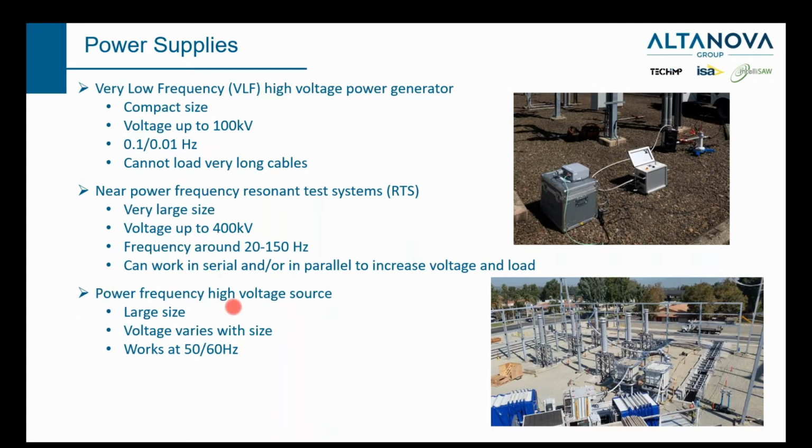Besides the power frequency high voltage power source, there's also the near power frequency resonance test system, or called RTS. That system, instead of using a transformer to boost the voltage, uses a resonance circuit. The power supply has a big inductor, and the cable is a big capacitor.